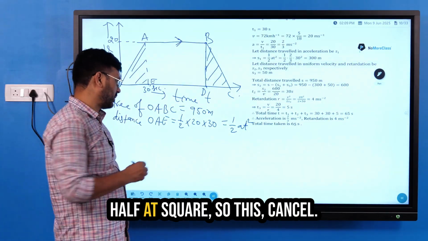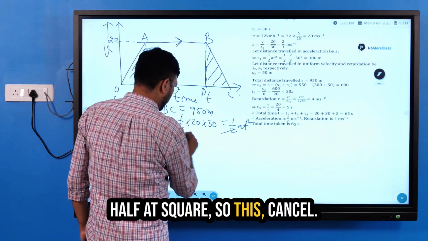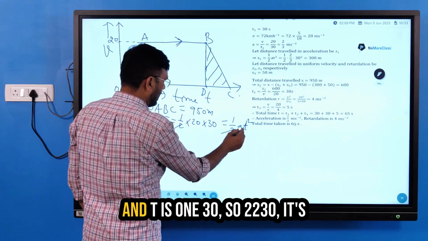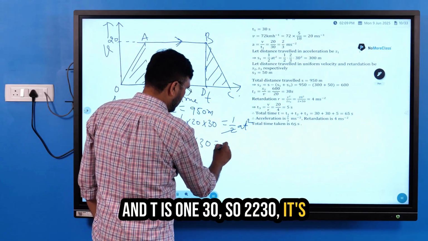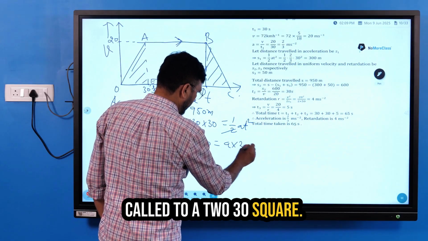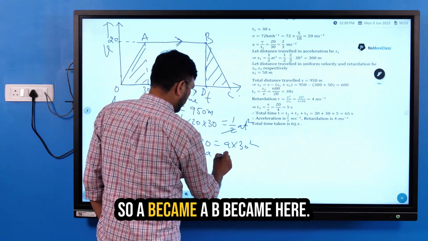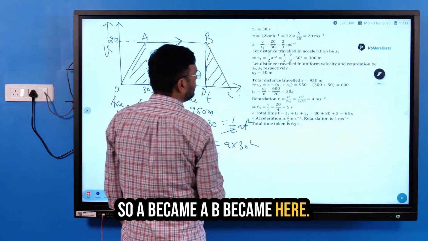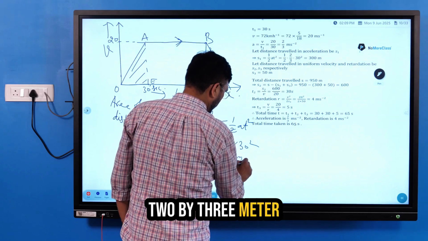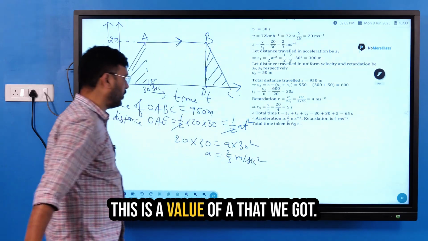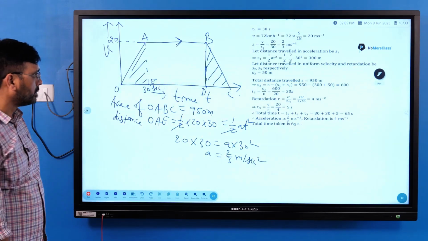So the half cancels, and T is 30. So 20 into 30 is equal to A into 30 square. So A became 2/3 meter per second square. This is the value of A that we got.